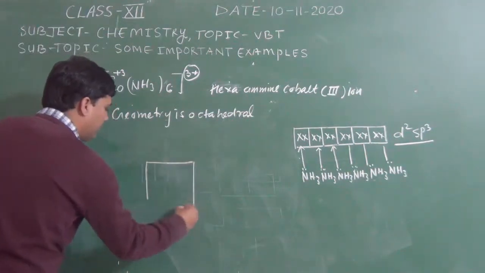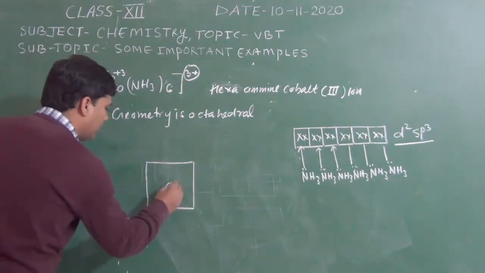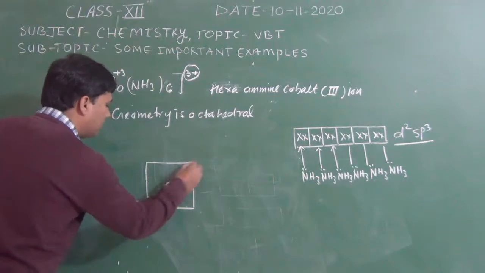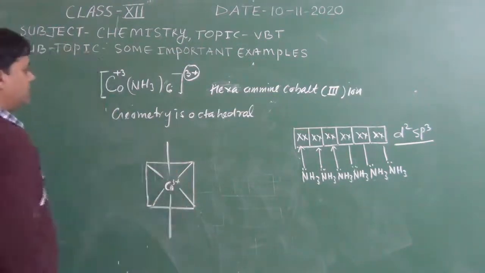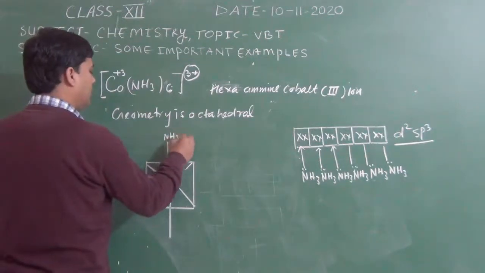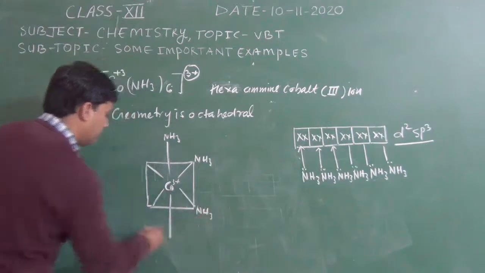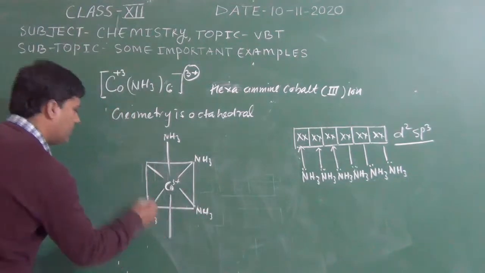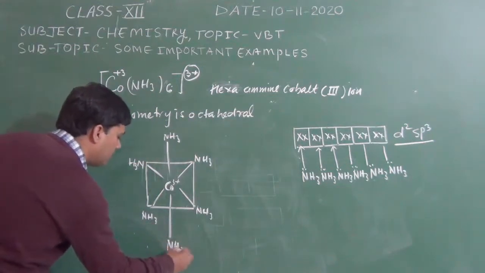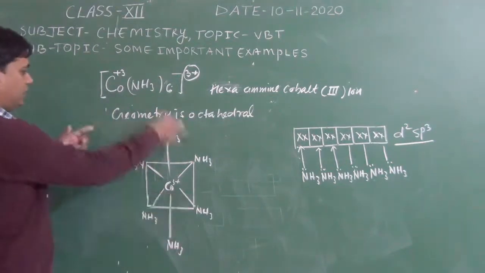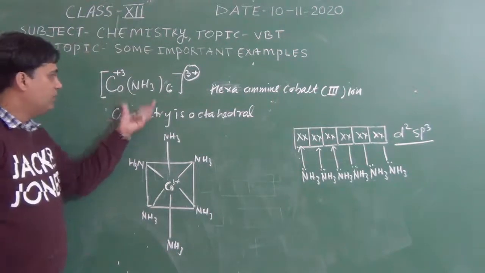The central atom is cobalt, which carries a 3 positive charge. And how many ligands are present? There are 6 ligands. This is ammonia 1, this is 2, NH3, this is 3, this is 4, this is 5, and this is 6 ammonia. Okay, so in this way we can draw the geometry of this complex.